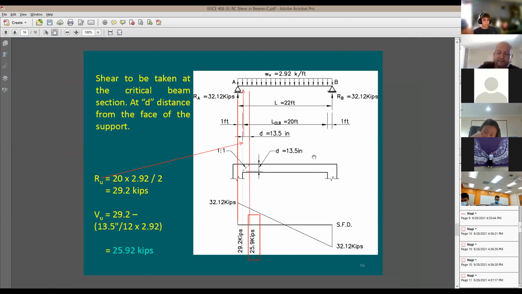Now, any questions? Finding out shear demand. I want you now, please open your homework and tell me if you have any questions. I don't want you to feel that this is not clear to you in your homework. And this homework number 5 is so critical for you guys.